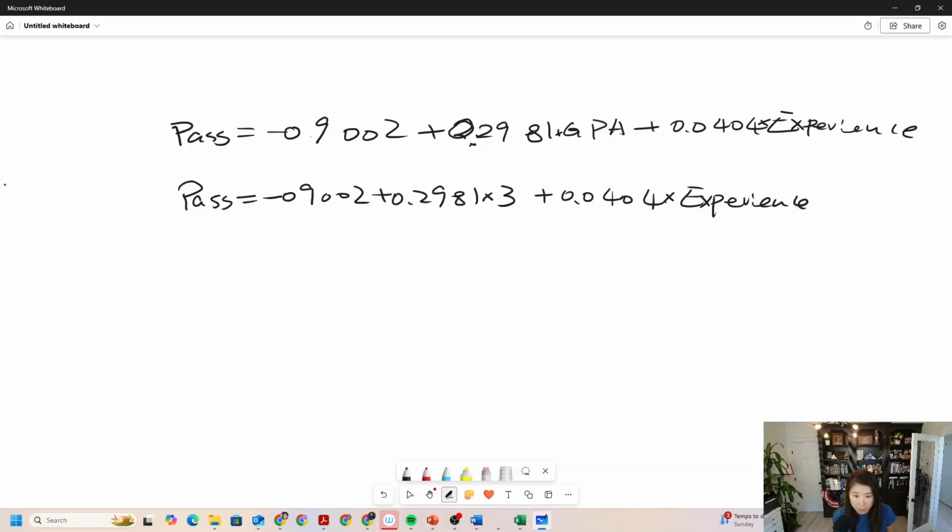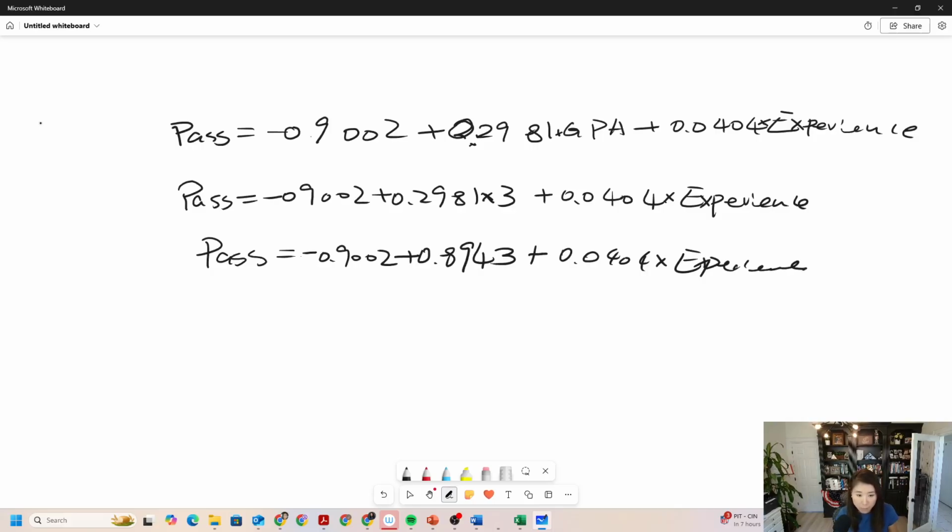Now we can use Excel to figure out what this part ends up as. I prefer to use Excel to quickly get there. 0.2981 times 3 gives me 0.8943, and then plus 0.0404 times experience.